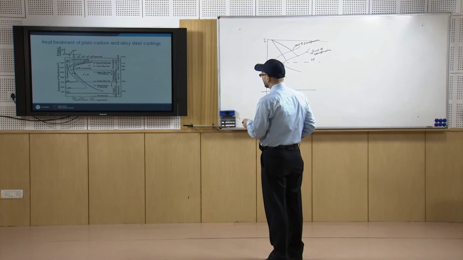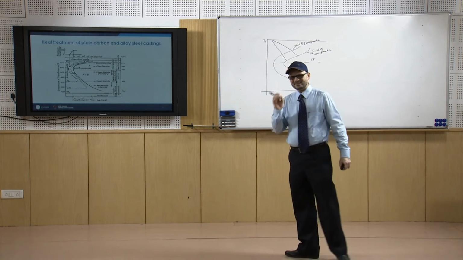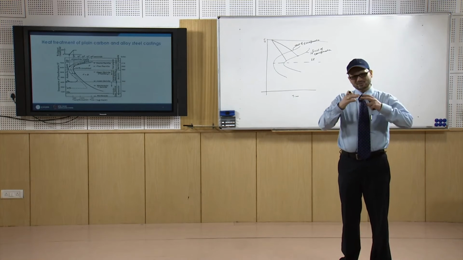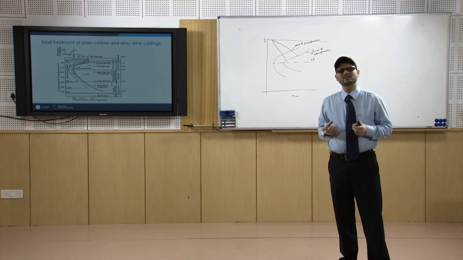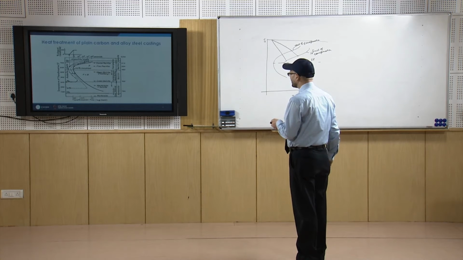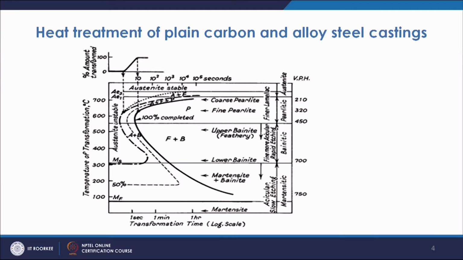The carbide particles are there, but they are in needle shape embedded in the ferrite matrix, and that gives better properties. So you get ferrite plus bainite. You get upper bainite, which is feathery type, and this is an acicular type of bainite, known as lower bainitic structure.